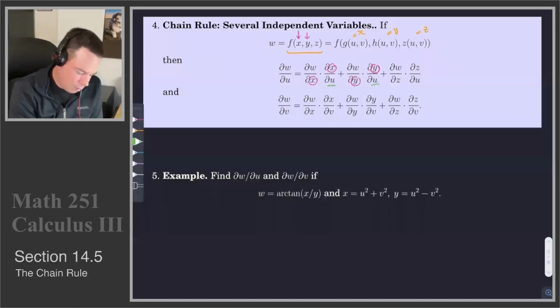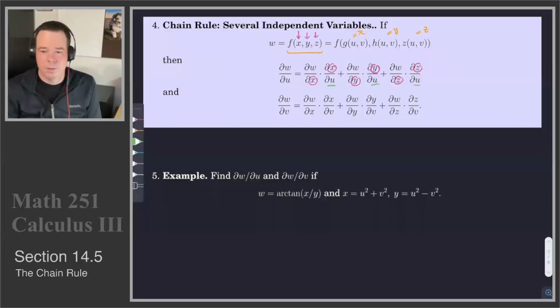And then the partial of y with respect to u. And then we go to the next variable, the partial with respect to z. And then the partial of z with respect to u. So we just work our way across. Want to know dw du, go dw dx, dx du, plus dw dy, dy du, plus dw dz, dz du.